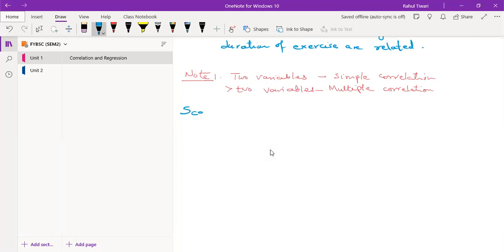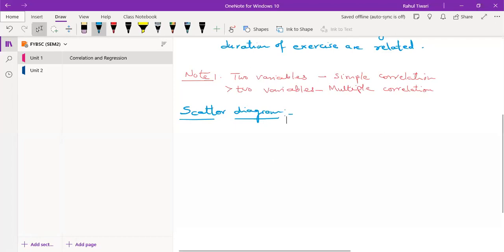Using a scatter diagram, one can get a rough idea about whether your data are related or not.